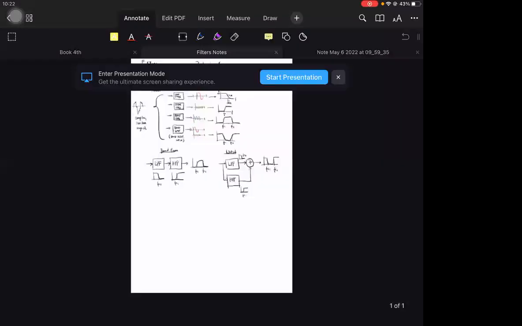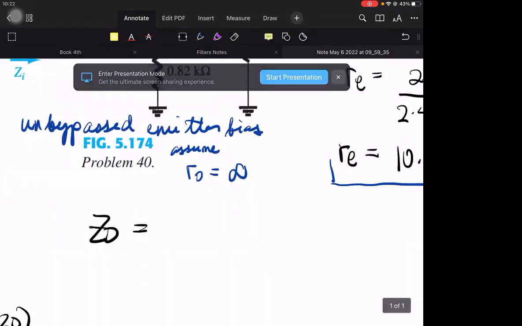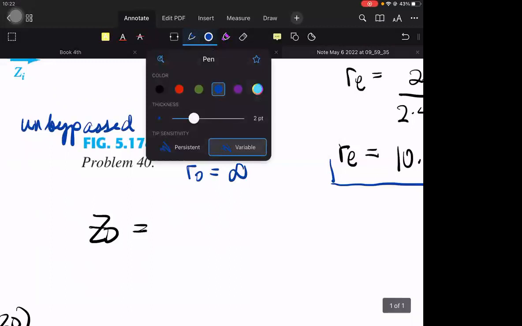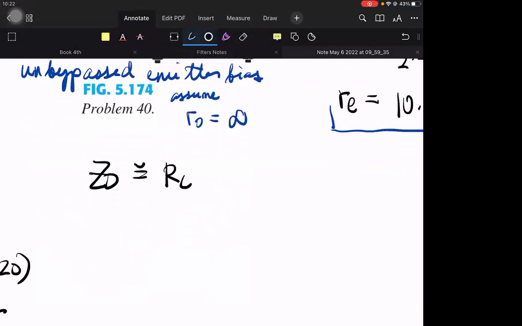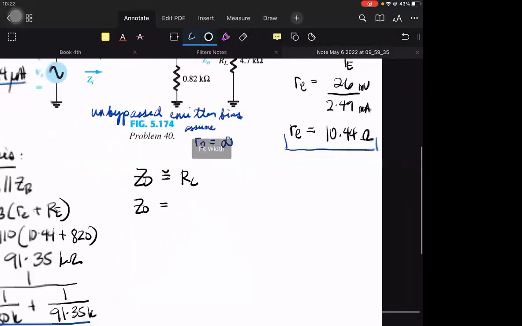Therefore, ZO is approximately equal to RC. ZO is equal to 3K.